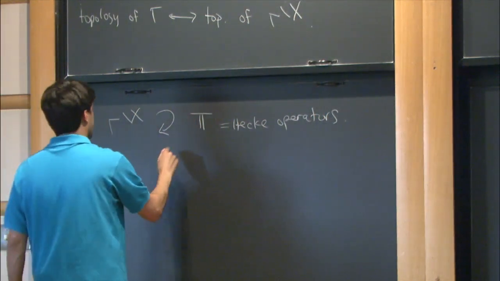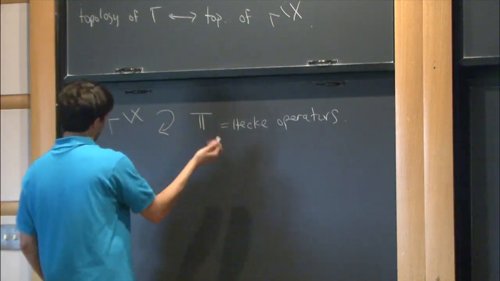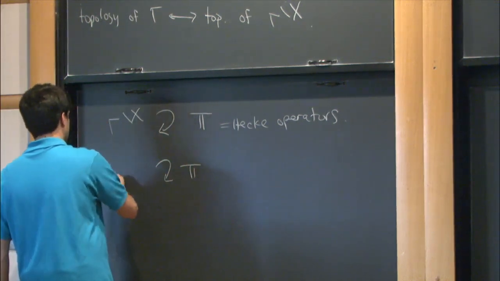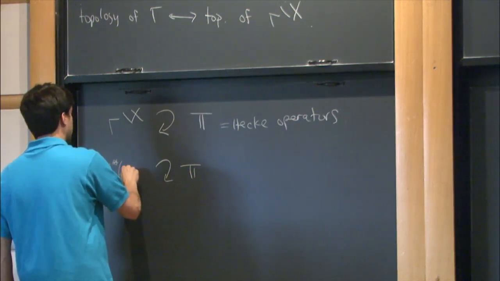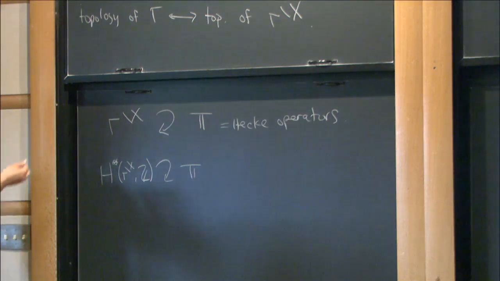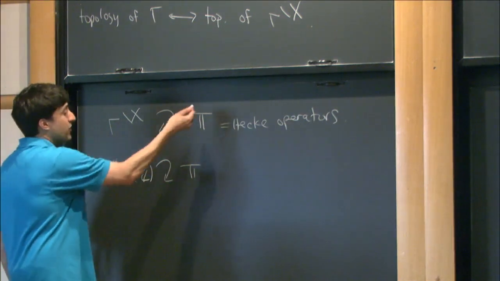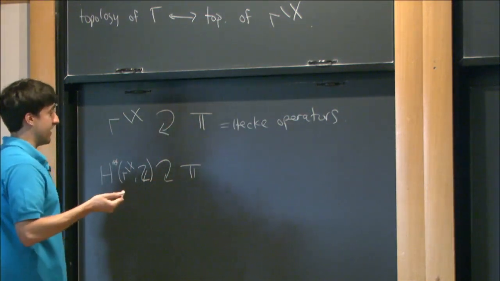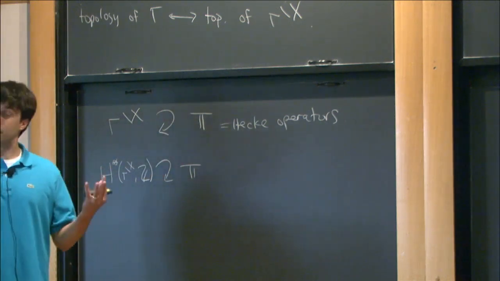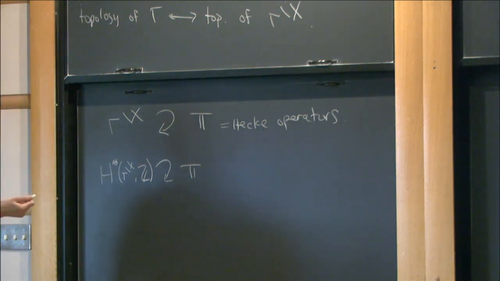It induces an action on, for example, the integral cohomology of this space, and it's a commutative ring, and the systems of simultaneous Hecke eigenvalues carry deep arithmetic significance.